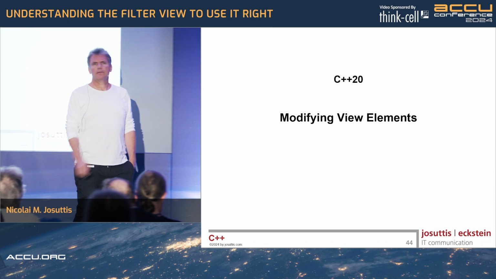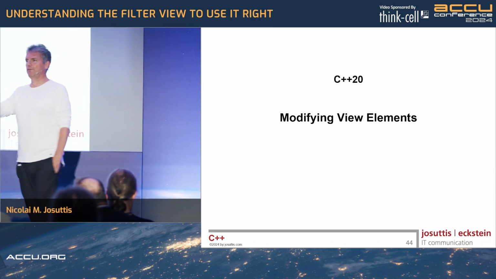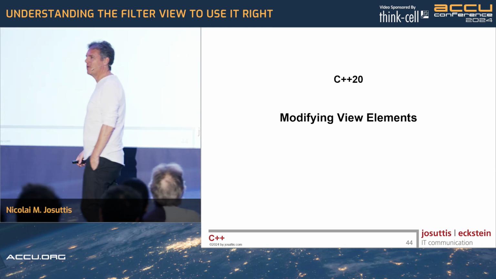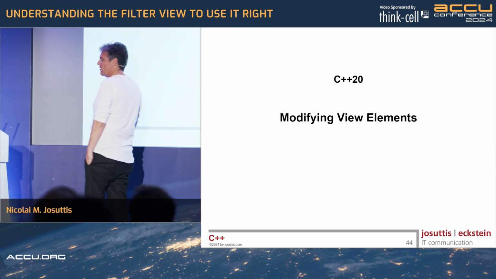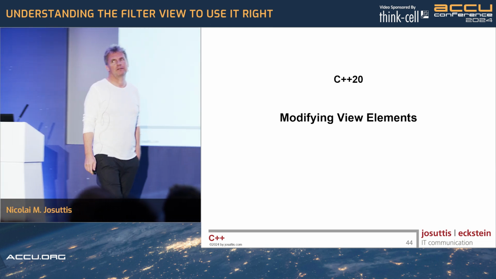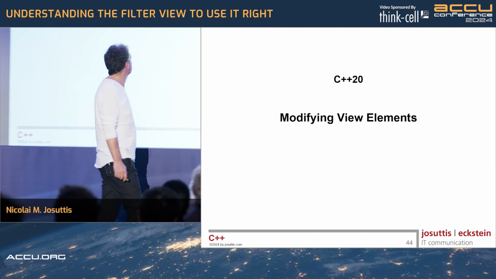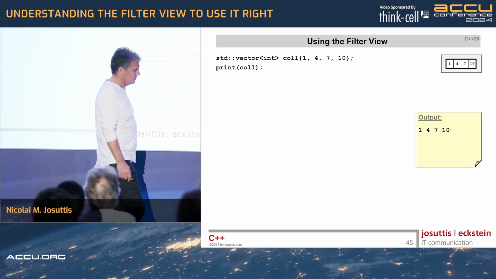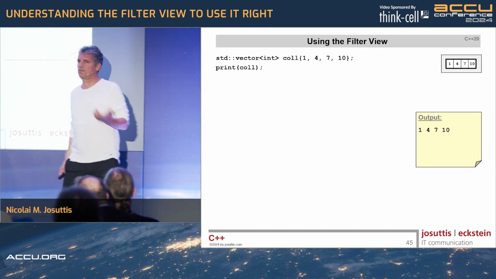Good. And somebody asked, how about when we modify elements? So far we didn't modify elements. So now comes the real fun part of the filter view design. This is a very, very simple program.